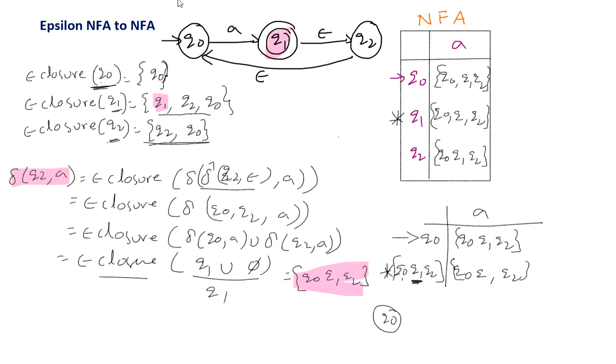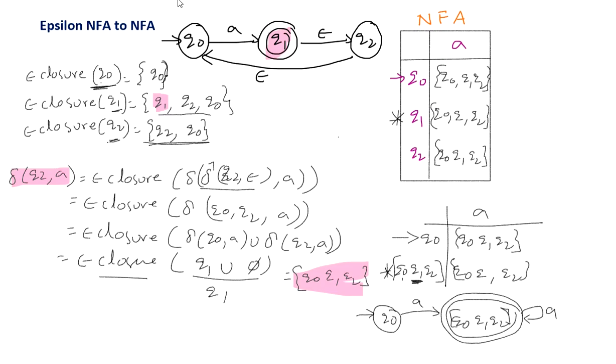Q0 is one set and Q0, Q1, Q2 is one more set, and Q0, Q1, Q2 is a final state, so we make it two concentric circles, and Q0 is the starting state. Q0 on A is moving to the state Q0, Q1, Q2, and on Q0, Q1, Q2 it is also moving to the self state.